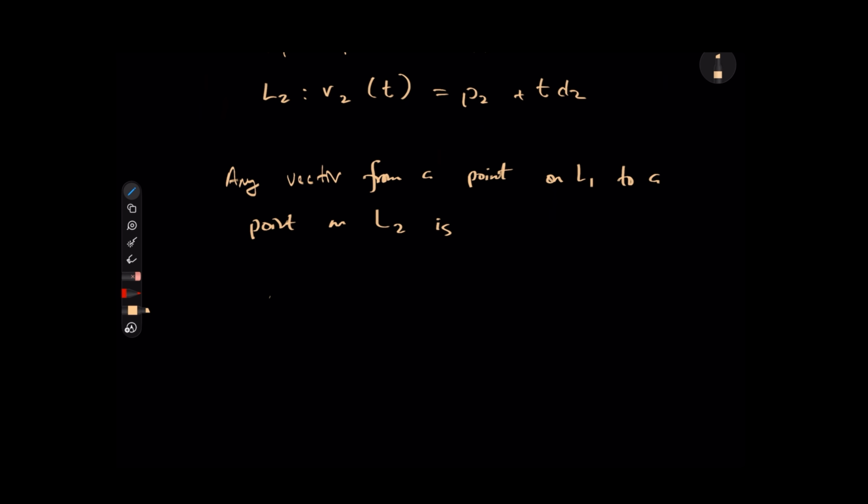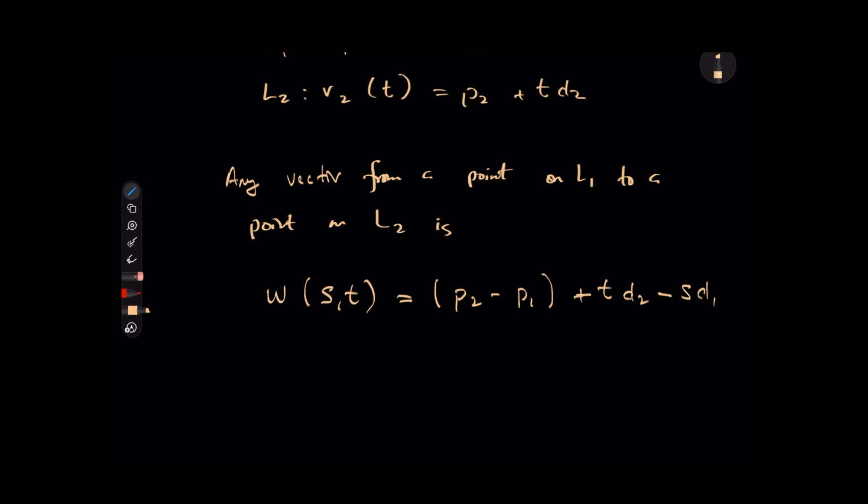I'm going to call it W of S and T. From L1 to L2, it is the point P2 minus P1 plus T times D2 minus S times D1.